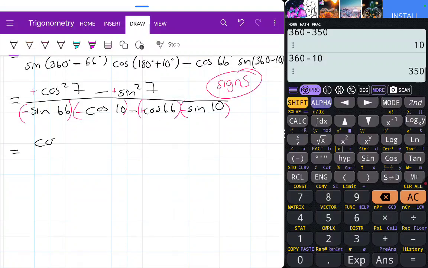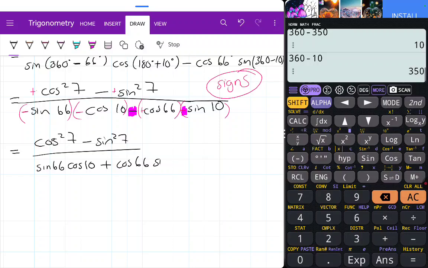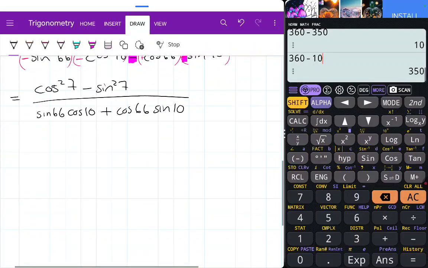So we have cos squared 7 minus sine squared 7 divided by minus and minus is plus, sine 66 cos 10, and minus and minus make plus, so that's plus cos 66 sine 10. If you are happy with that, we can proceed.